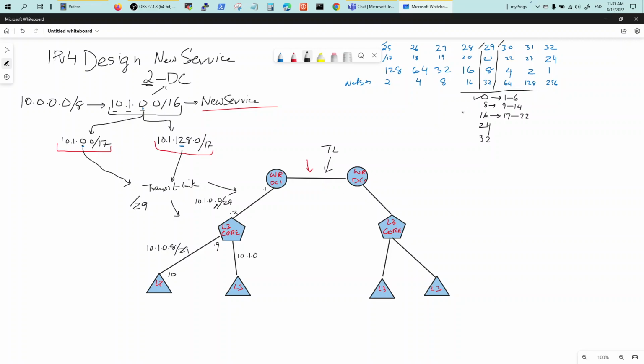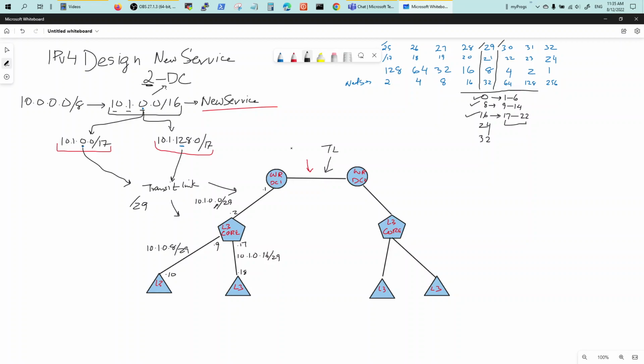We got 0, got 8, and then we got 16 for this one, /29. This is going to be .17, .18. You can use 19, 20, 21, whatever, anything between this address range. Okay, so here are the /29s that you got.